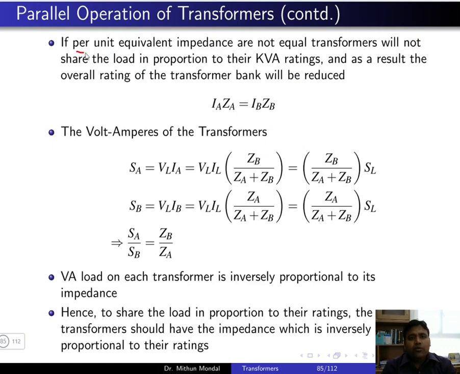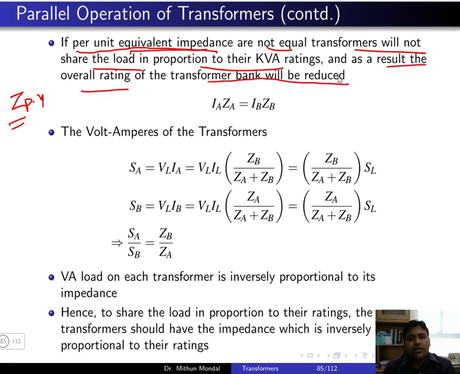If the per unit equivalent impedances are not equal, the transformers will not share the load in proportion to their kVA rating. So when you have determined the per unit impedance, if they are not equal for the two transformers, then the load will not be shared, and as a result the overall rating of the transformer bank will be reduced.